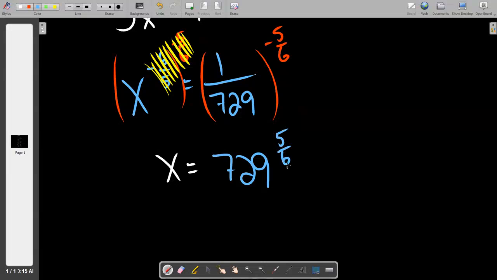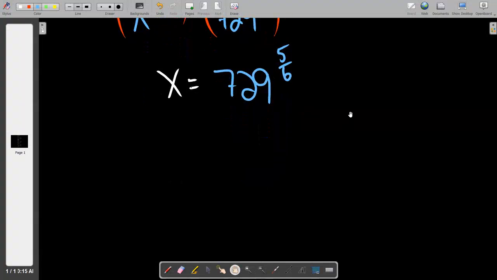Now, do I think for a moment that we wouldn't use a calculator? I'd sure like to think so. Things like that make me smile and feel warm and fuzzy, but this one will get a little nasty. But your Delaney-McDonald table will help you, because think about what this is now. This is asking me to figure out, okay, so x is going to be the 6th root of some number raised to the 5th power.